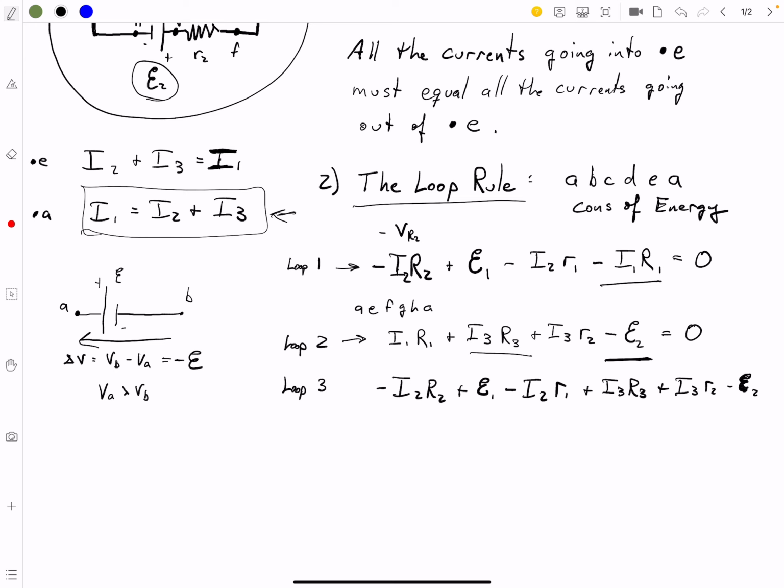Okay, and all of that equals 0. Okay, so there's our technically 4 equations, and they'll help us solve for all the goodies.